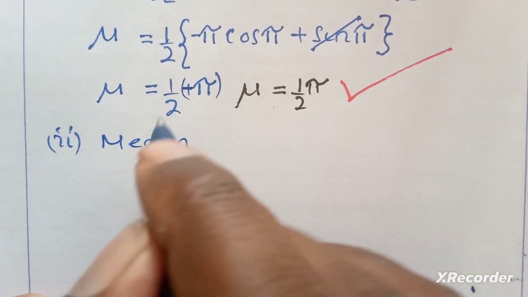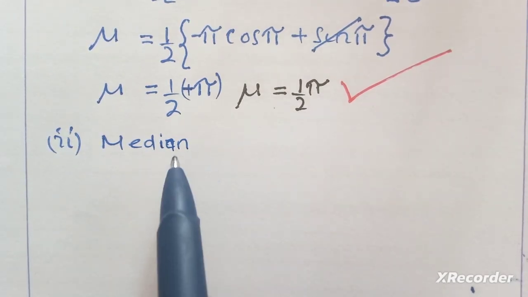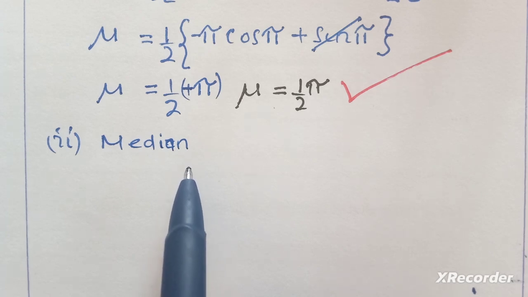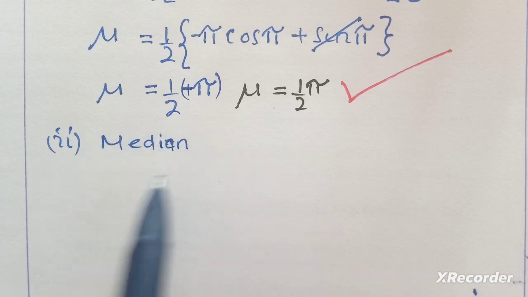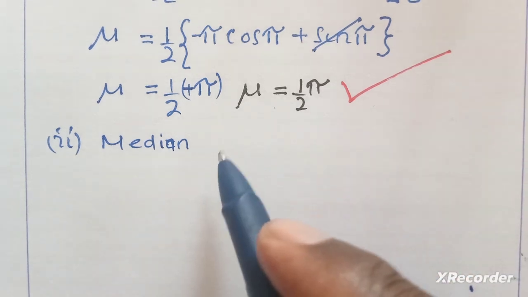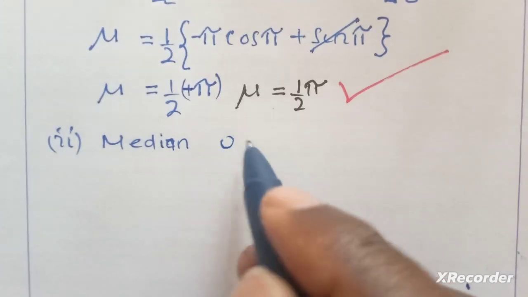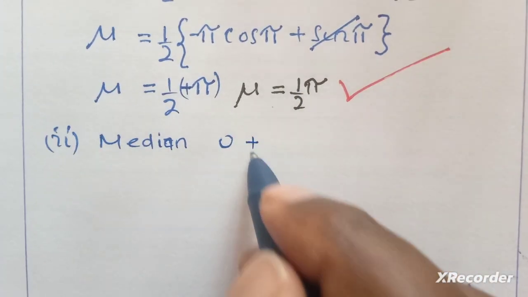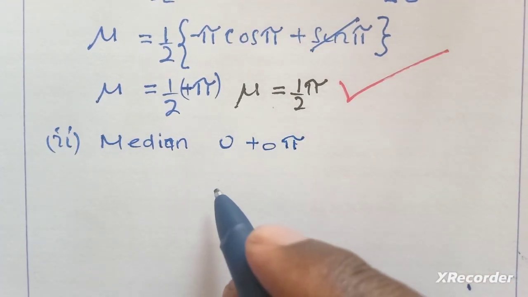For the median, guys, we know this one is supposed to be in the middle. And because our graph is symmetrical, it is going to be at the middle of the graph, meaning that if our range is from 0 to pi, then our median is supposed to be at the center.